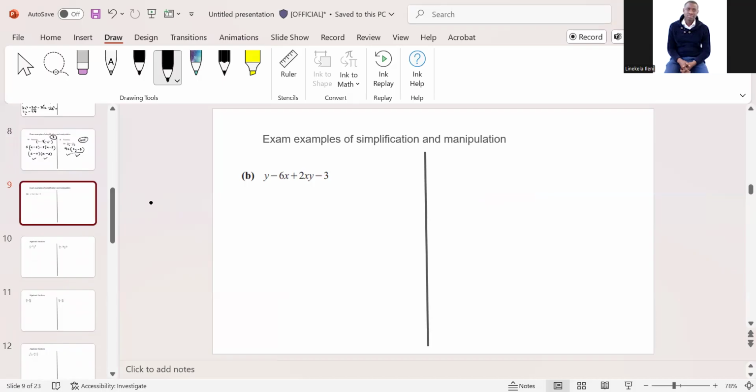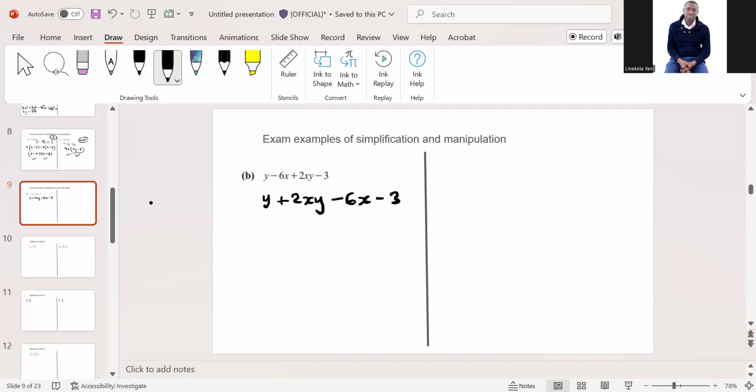So what I can do is try and rearrange so I can have those that are in common close to one another, because I can't just go like this. There's nothing common in the first two. So I can say, okay, y plus 2xy, and then probably minus 6 minus 3.